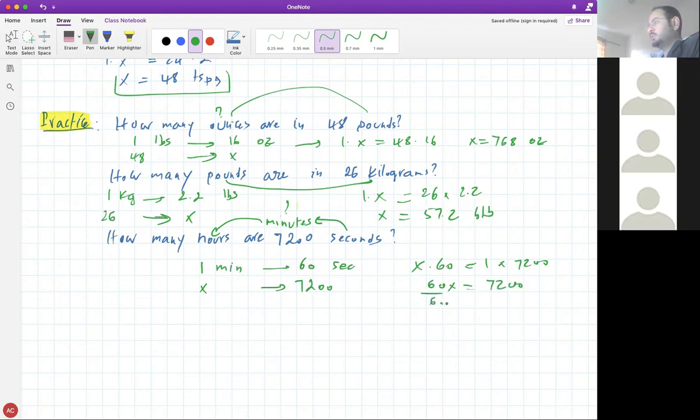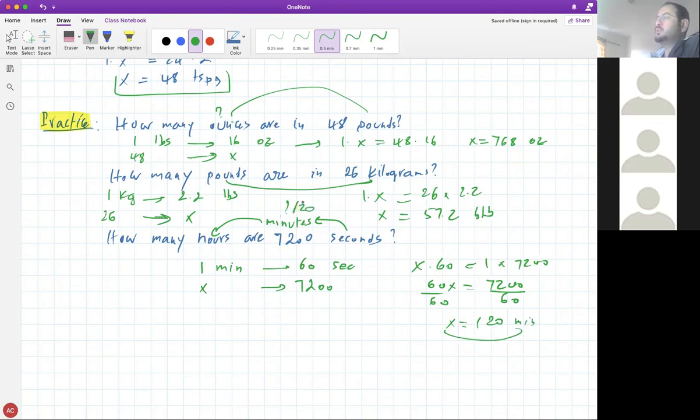If you divide this by 60, divide by 60, what do we get? If we divide 7,200 by 60, we get 120. Okay, we get 120, and that's minutes.